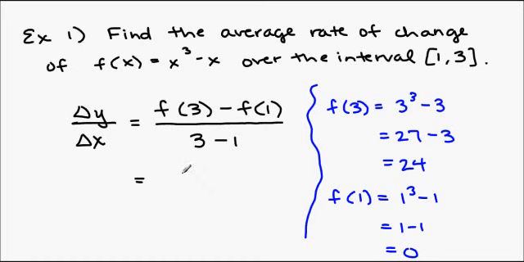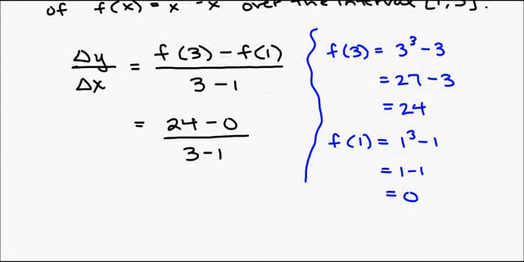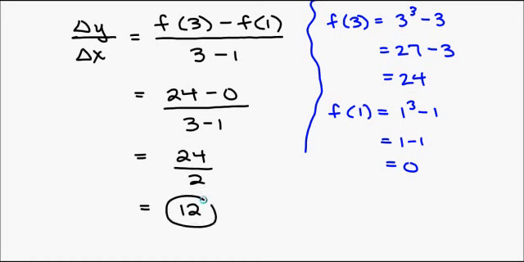So f of 3 we said is 24 minus 0 over 3 minus 1. 24 divided by 2 gives us an average rate of change of 12. So we don't actually have a unit here, but the number is 12.